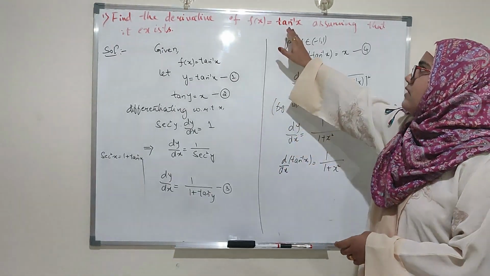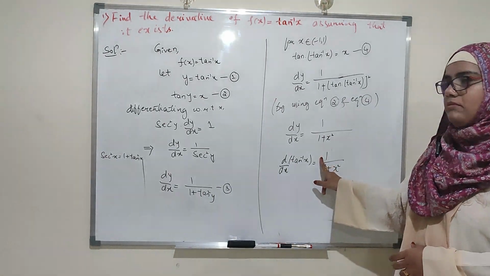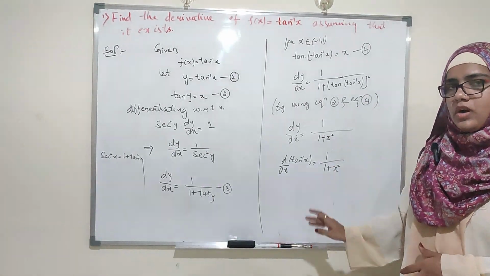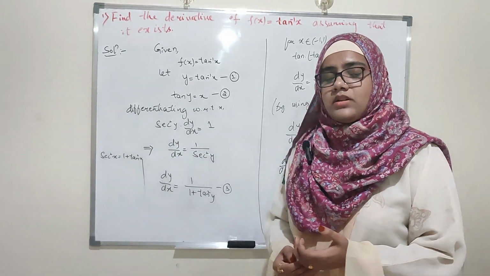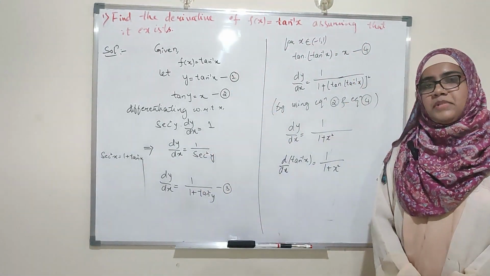By using this method, we can find cot inverse of x, where we get minus 1 divided by 1 plus x square. Further, we can find sec inverse of x and cosec inverse of x using the same method.